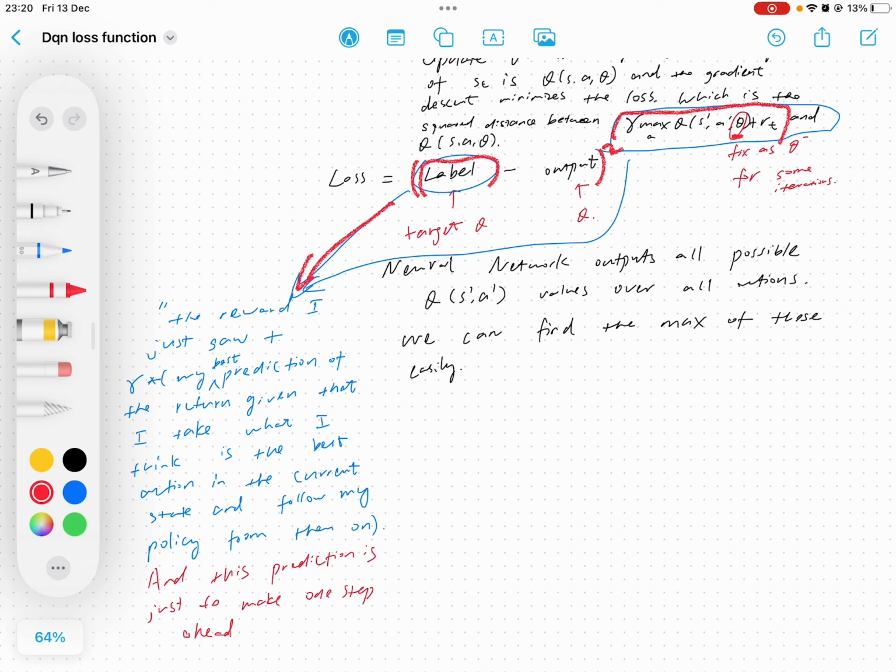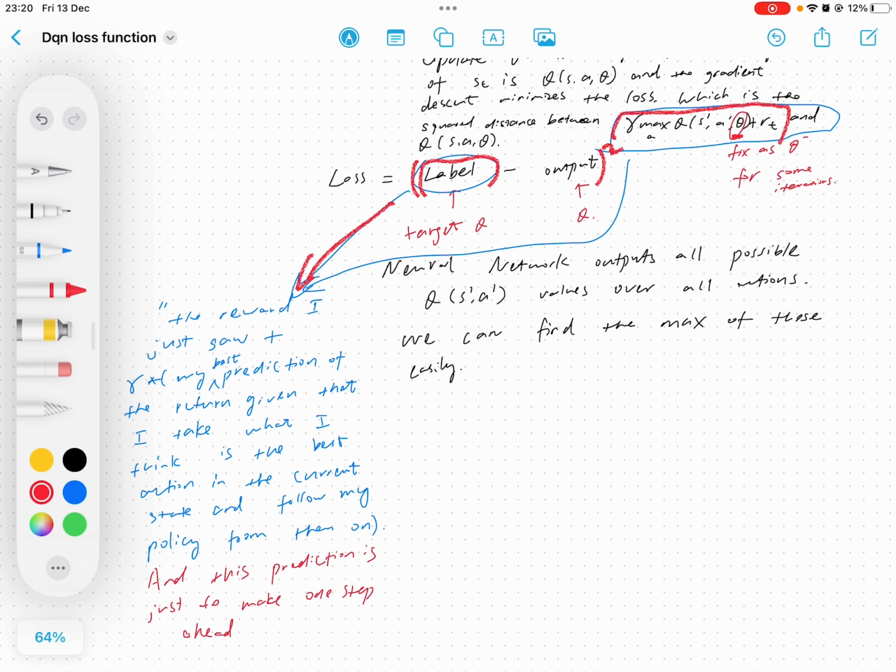And technically, to obtain this target Q, we know that the neural network could simply output all the possible Q values given S prime and A prime, over all the actions. Then it'll be very easy for us to find the maximum value of this Q by choosing some A prime.